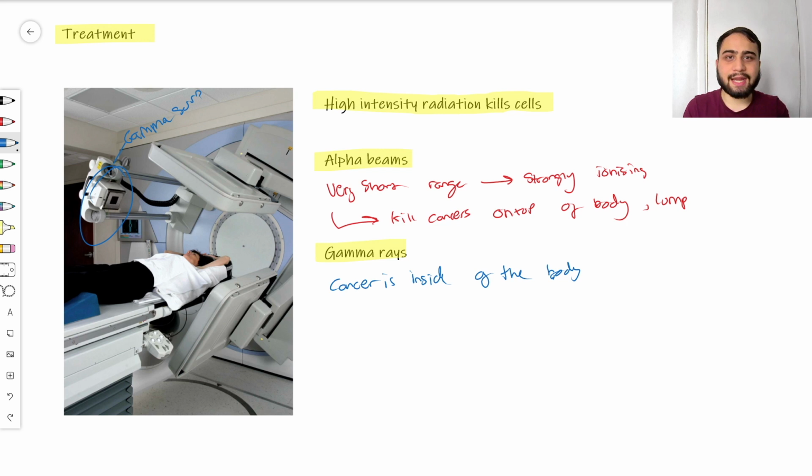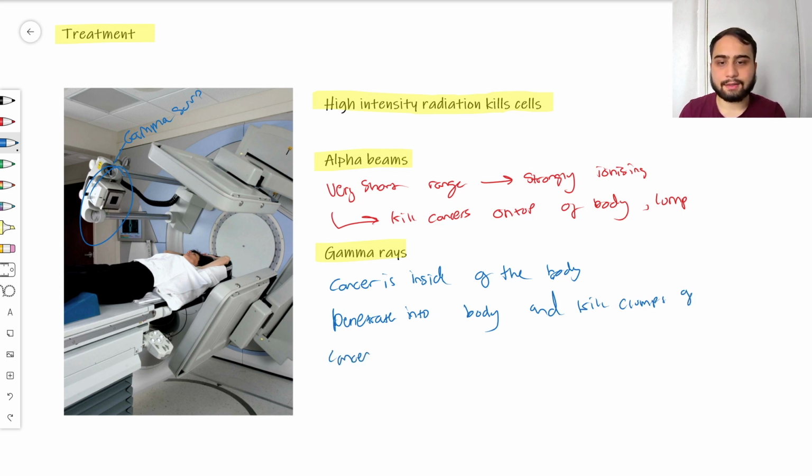So it can rotate, and the doctor can position exactly where it wants to penetrate into the body and kill clumps of cancer cells by the beam.